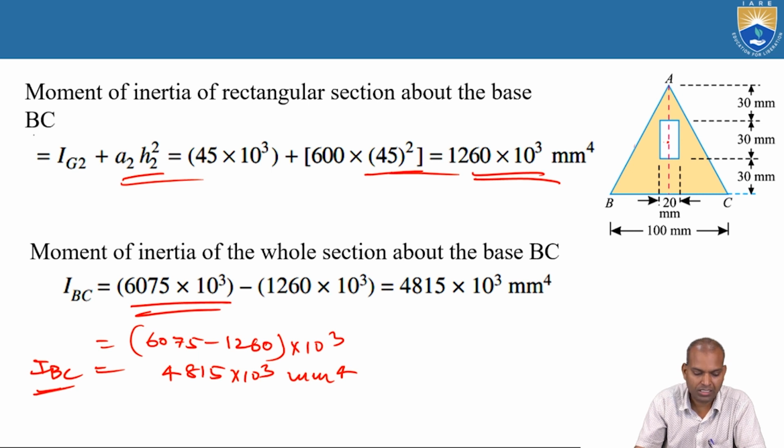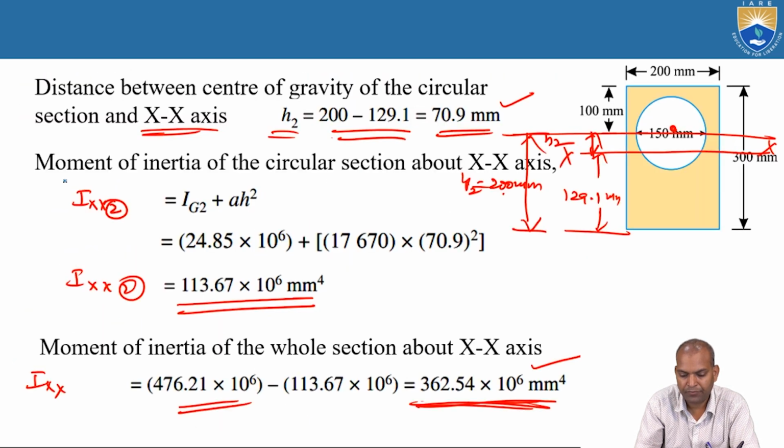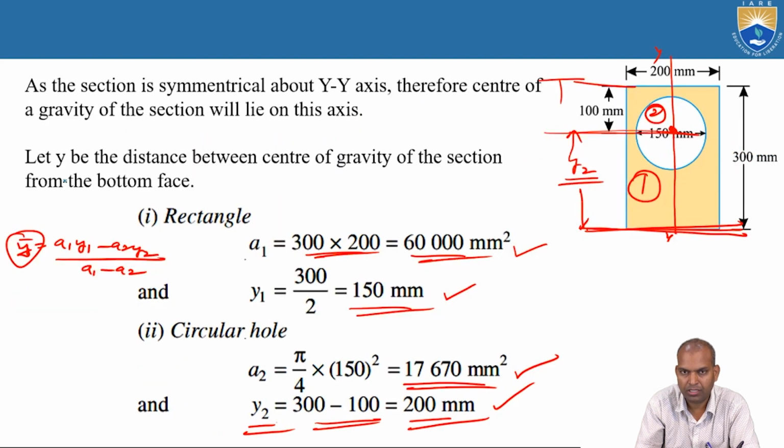So far in this section we covered three problems, the moment of inertia of three hollow sections calculated. The first hollow section is a rectangular section minus a circle, and it is symmetrical, two lines of symmetry.